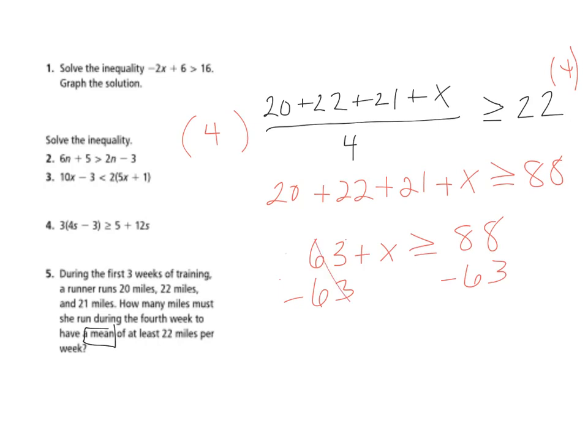And so 63 minus 63 is 0. We get x has to be greater than or equal to, this is going to be 5, this is going to be 25. So this person has to run at least 25 miles.